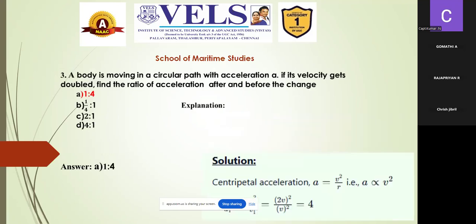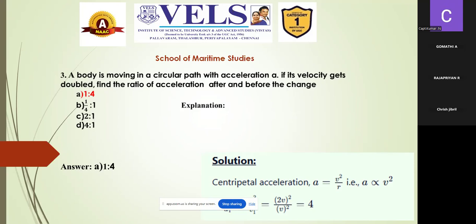The next question is, a body is moving in a circular path with acceleration a. If its velocity gets doubled, which means 2v, find the ratio of acceleration after and before the change. We consider the acceleration before the change as a1, and after the change, the centripetal acceleration as a2.